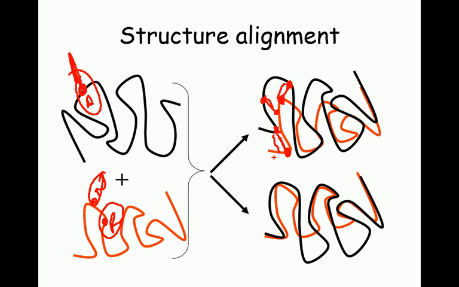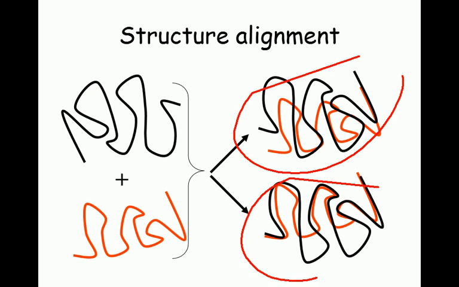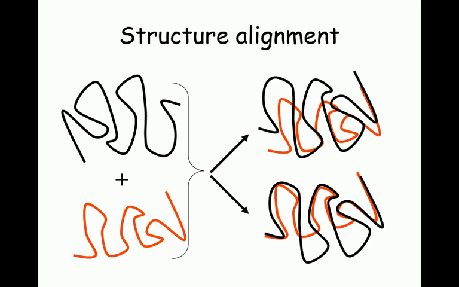So you want to align the two structures in a way that they will superpose as best as they can, such that these distances are minimized, or some of these distances are minimized. Okay. So this is one alignment, this is another one, and this one looks like it's a better one. Okay. Because the residues are closer to each other in space.